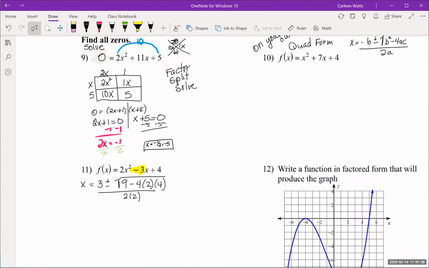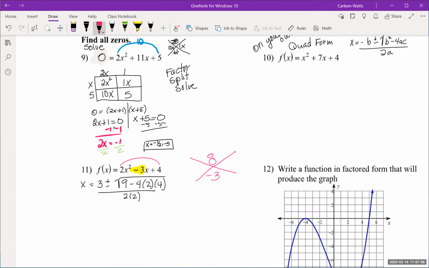Okay, so I kind of skipped over something. Let's see if we can factor number 11 and do it just like we did number 9. Do the rainbow, 2 numbers that multiply to get +8 and add to get -3.